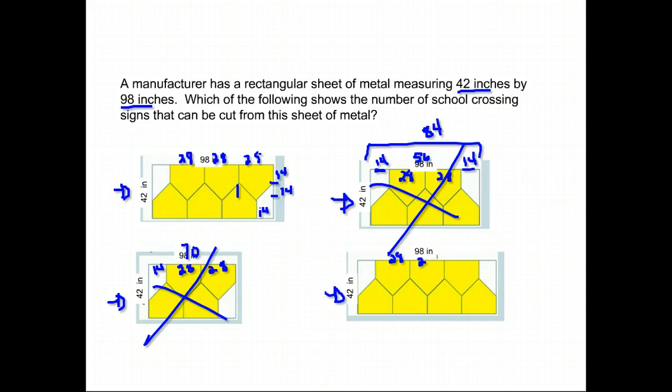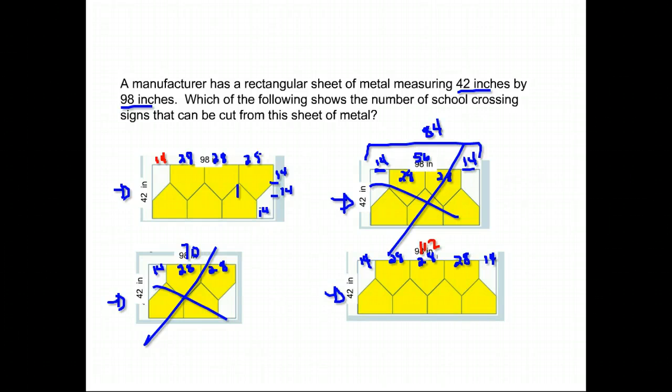Okay, this one has 3 across, so 28, 28, 28, and 2 halves, 14 and 14. Does that add up to our 98 that we want? If you add those together, you get 112 instead.